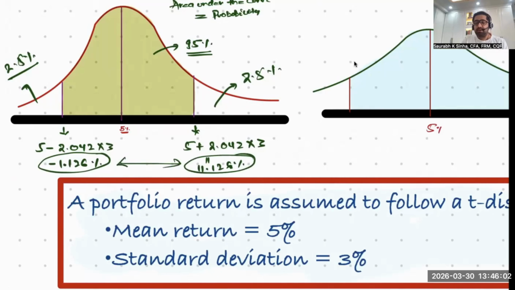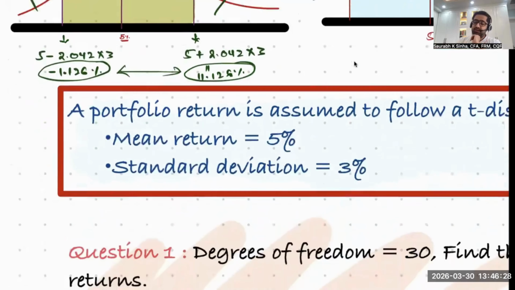These two numbers represent the range in which your return will fall at a 95% confidence or probability. So you will say, I'm 95% confident that the portfolio return will fall between negative 1.126% and 11.126% if the portfolio return is assumed to be T distributed. Okay. So this is question number one.